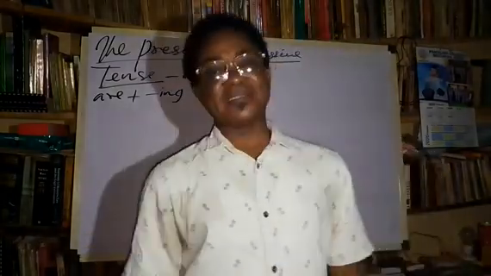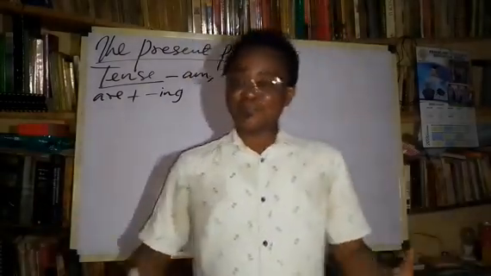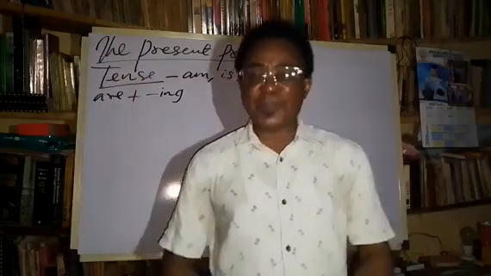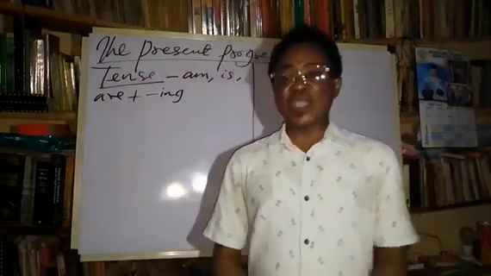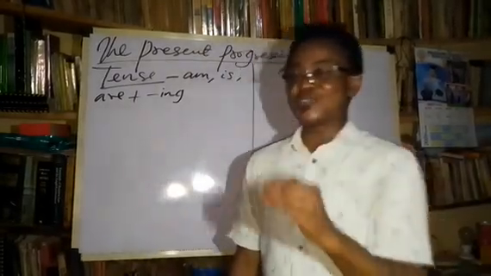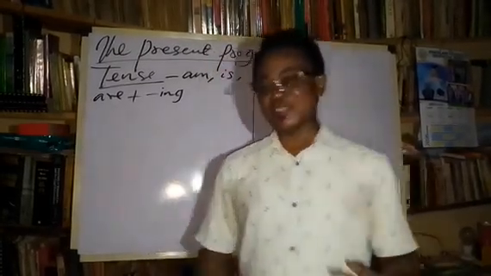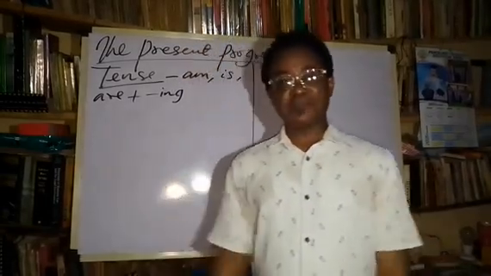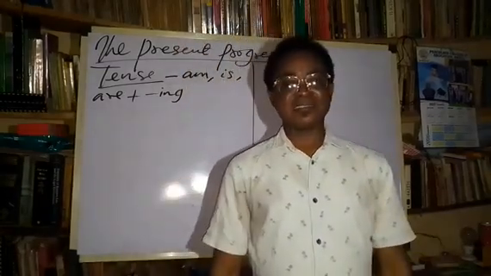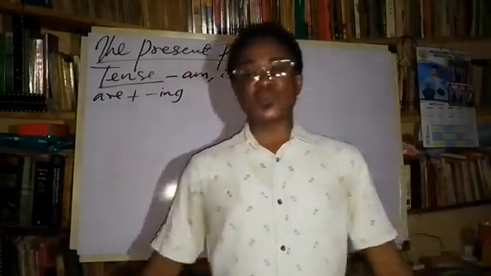The ing word is called a present participle. It is called what? A present participle. Let me hear you shadow me. Say a present participle. An ing word is called a present participle. That is when the ing word does the work of a verb in a sentence. Why it is necessary that I clarify this is because the ing word can also be called a gerund.